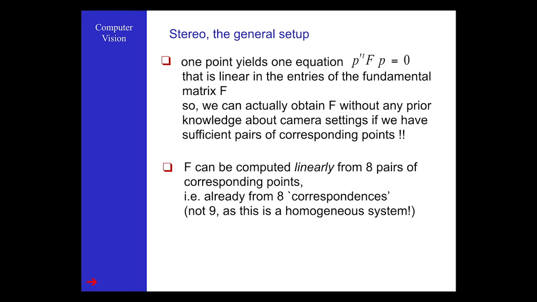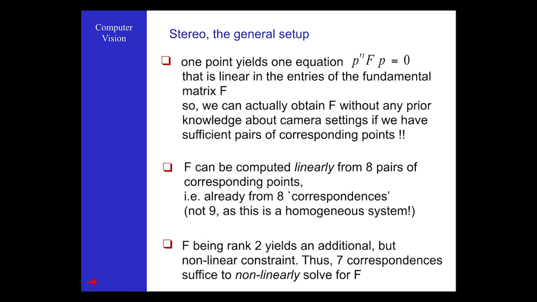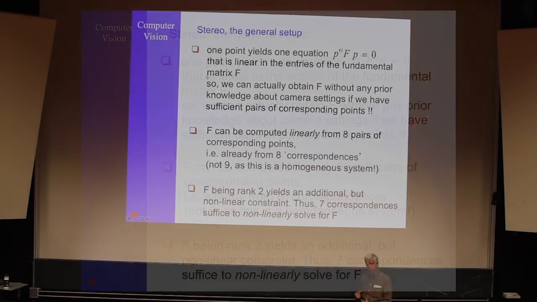Okay, actually the situation is slightly better if you also work a little bit harder. Indeed, there's one thing that we know about F but have not used yet, and that is F has rank 2. So we have an additional constraint on the elements of F. The determinant has to vanish. We have not thrown that into battle yet. And what that actually means is that you can take away one of the corresponding point pairs and the corresponding equation and replace that by the rank 2 condition.